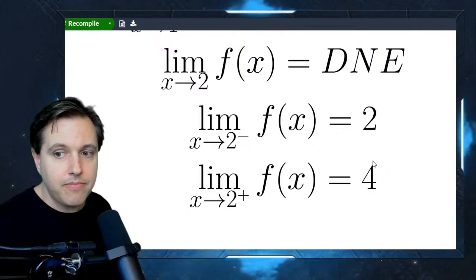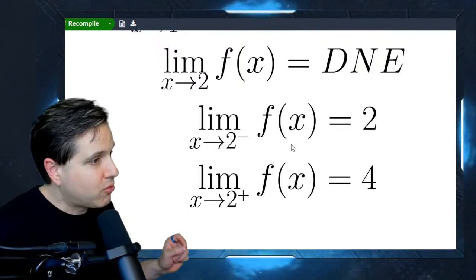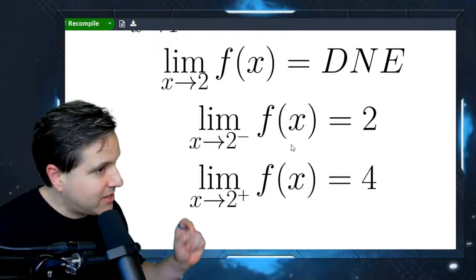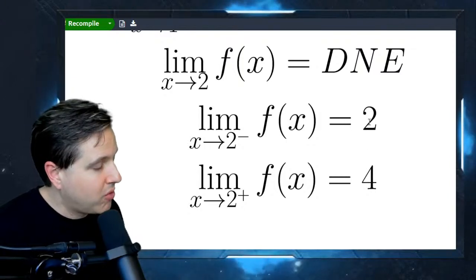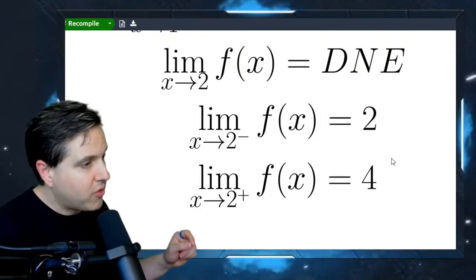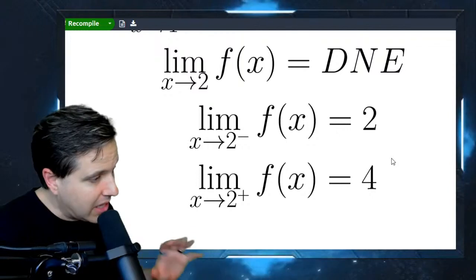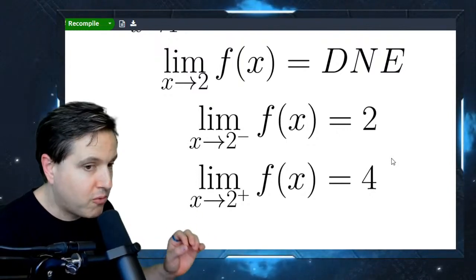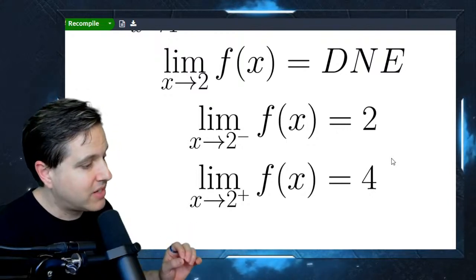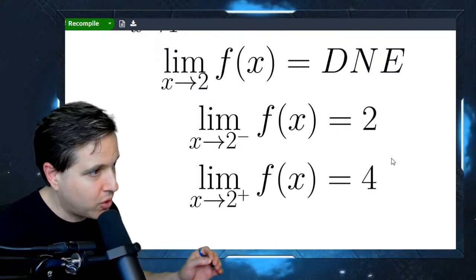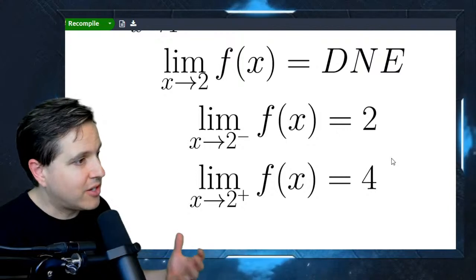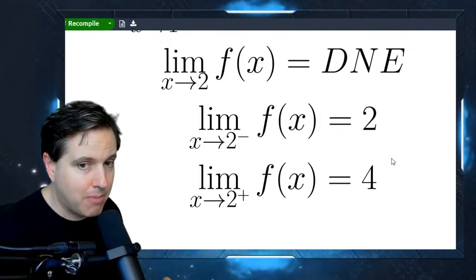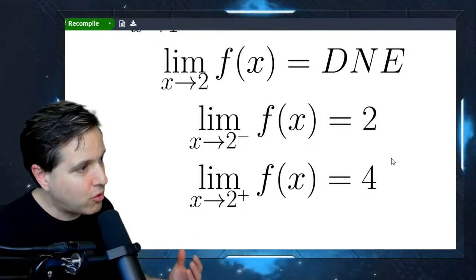Okay? So in this case, we would say the two one-sided limits exist, but they disagree with each other. One of the requirements for your limit, the full two-sided limit, to exist is that both of your one-sided limits have to exist and they have to agree with each other. So this is a situation where both of our one-sided limits exist, but see how they don't agree?